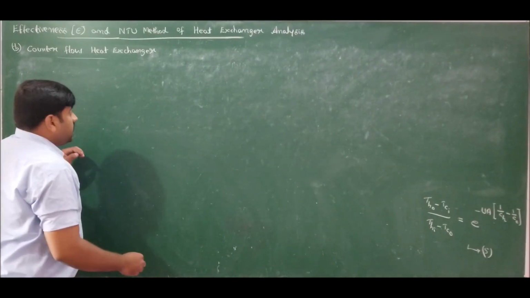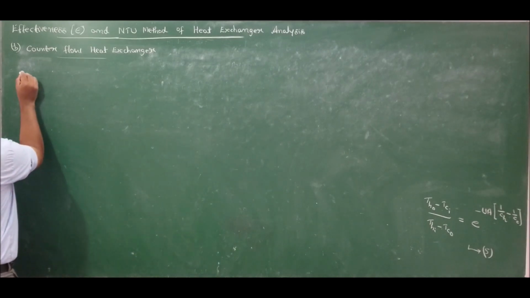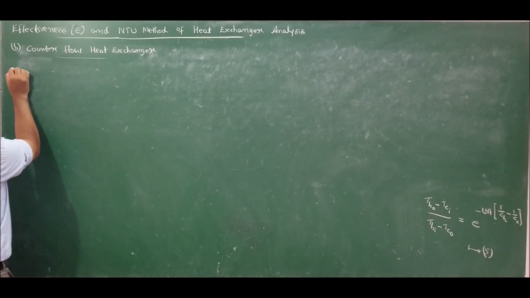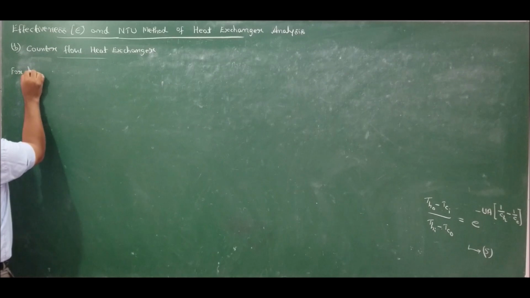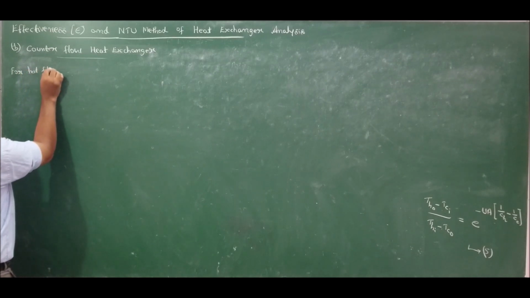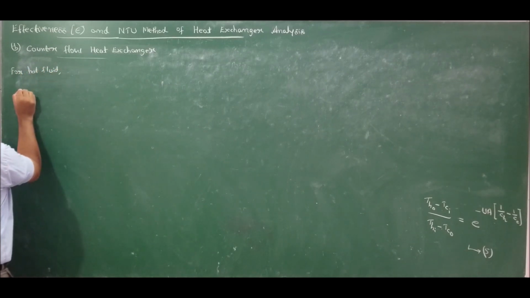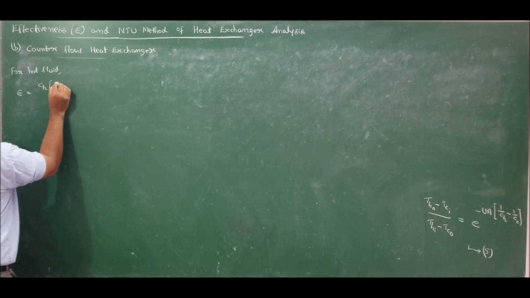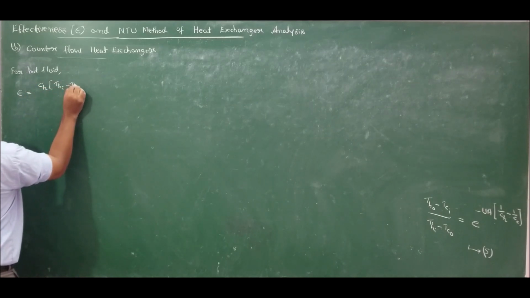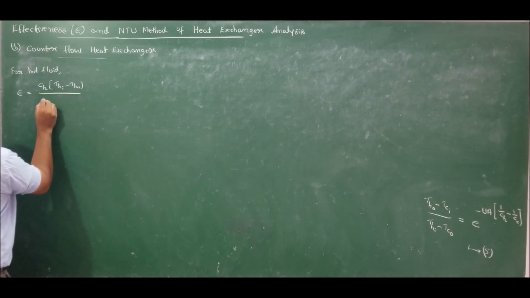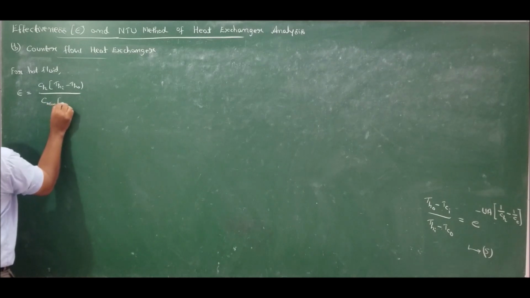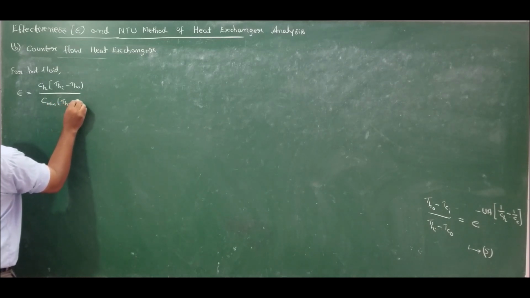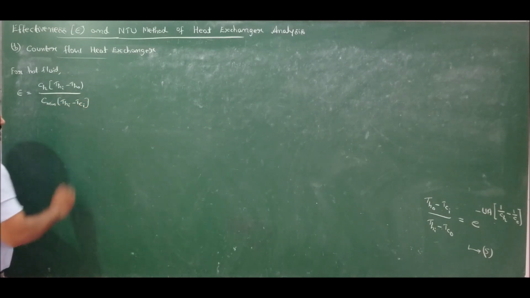now moving ahead, using the definition of effectiveness for hot fluid, we have effectiveness is equal to CH times THI minus THO divided by C minimum times THI minus TCI, correct?